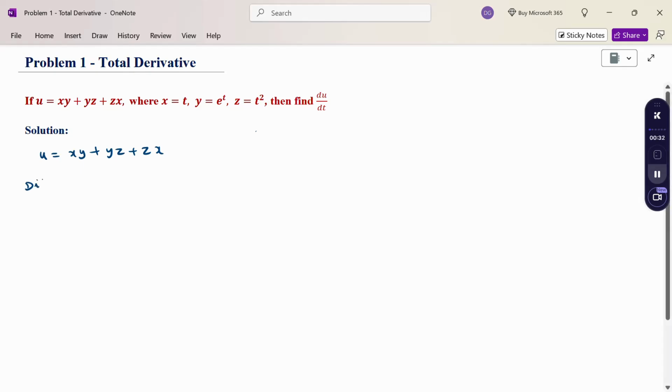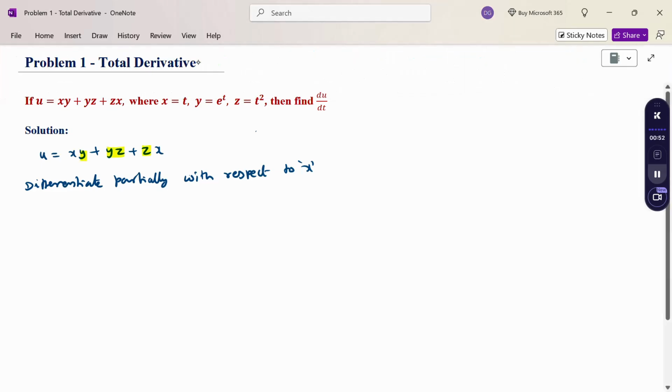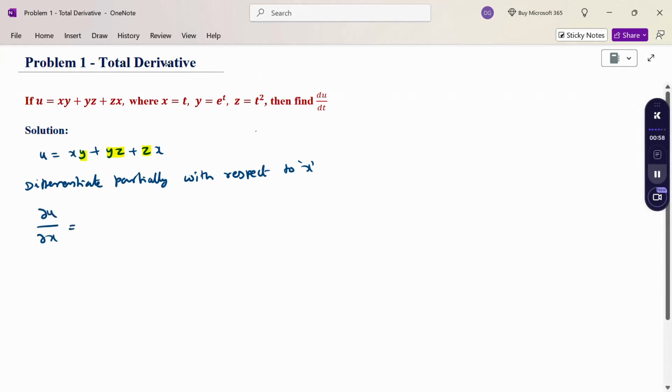Now partially differentiate with respect to x. When differentiating partially with respect to x, only x is the variable; y and z are constants. Therefore, dou u by dou x equals: x is the variable, so its derivative is 1, and y is a constant, so it stays as it is, giving y. Plus yz is a constant, and its derivative is 0.